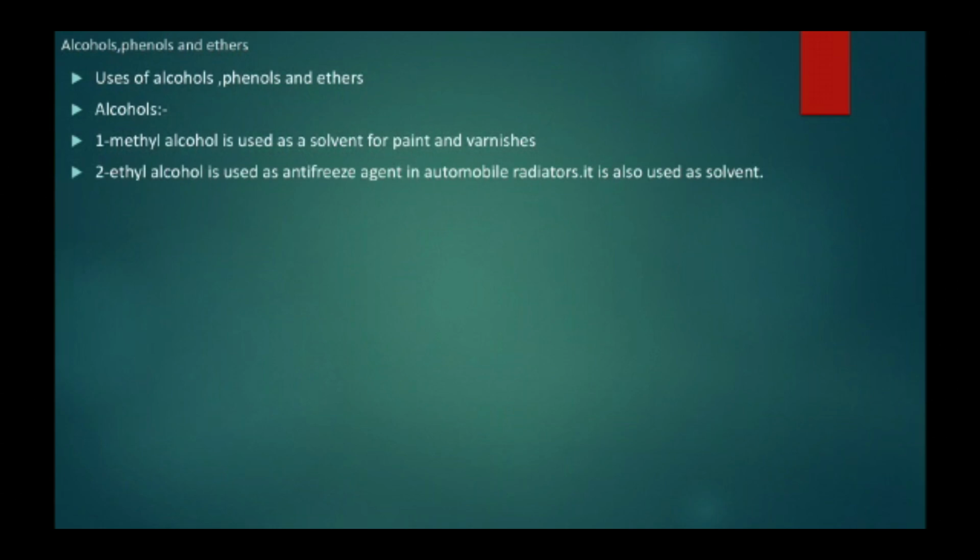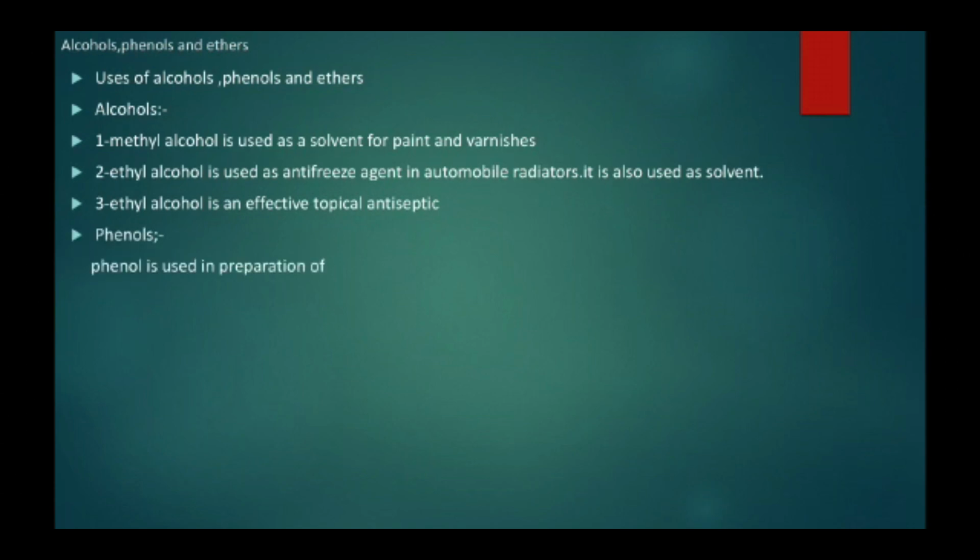It is also used as a solvent, and ethyl alcohol is used as a beverage also. Ethyl alcohol is an effective topical antiseptic also. Phenols. Actually, phenol is not used directly. It is used in the preparation of some compounds like the bakelite polymer, Dettol, salicylic acid, picric acid, etc.